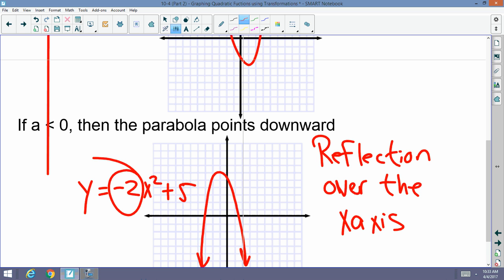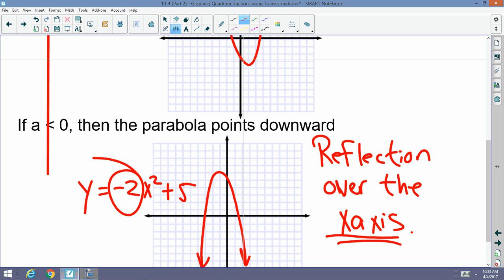Let's think about that statement. When you have a reflection over the x-axis, that means that you're multiplying the y values by a negative. So when I originally had, let's say, (2, 5), the reflection over the x-axis of that would be (2, -5), okay?